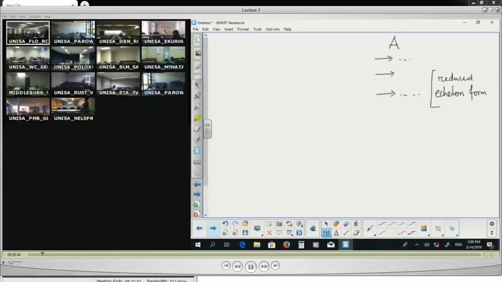And this is the key of our solving equations. Okay? So let's see why.